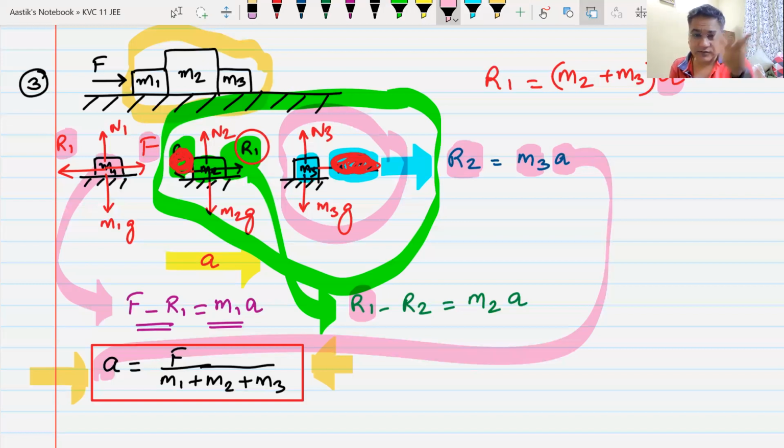This way is applicable only and only when the blocks are moving with the same acceleration. If they move with different acceleration, you know the original way. You can apply that original way and get your answer.